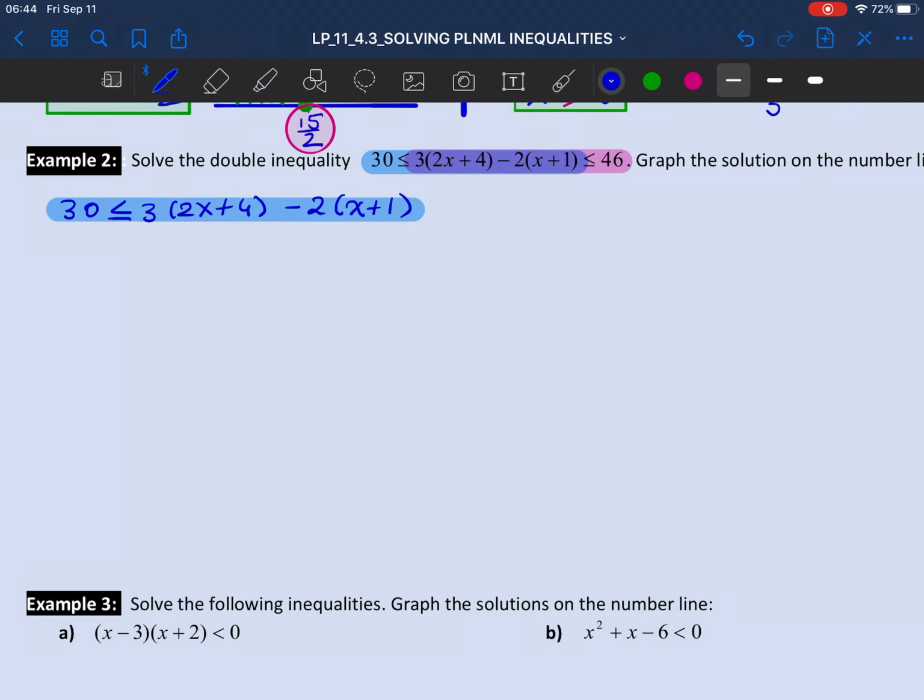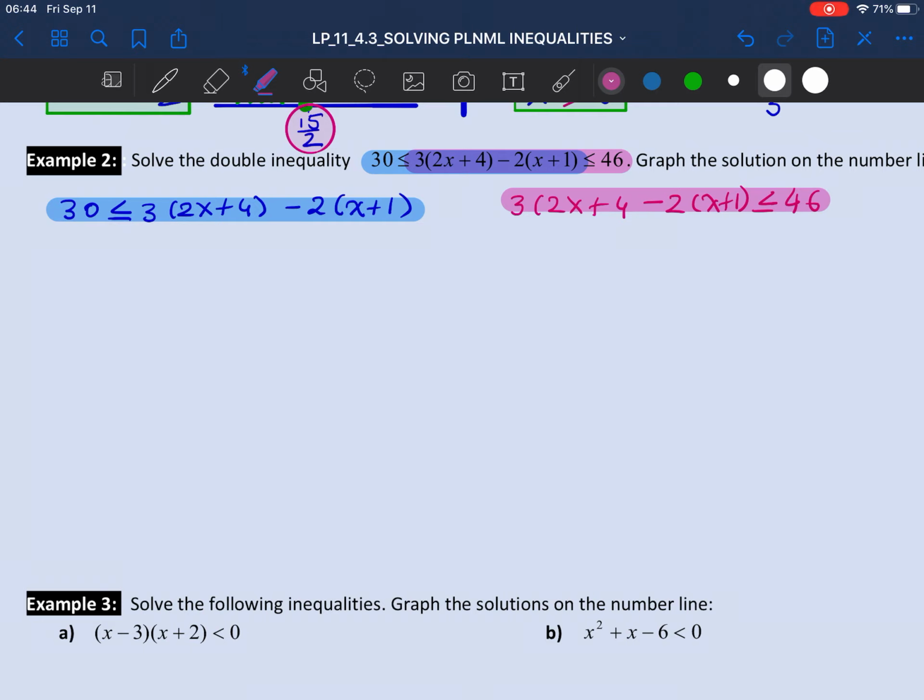And in the meantime, we will want 3 times 2x plus 4 minus 2 times x plus 1 to be less than or equal to 46. Okay, as I said, two conditions must be satisfied simultaneously.